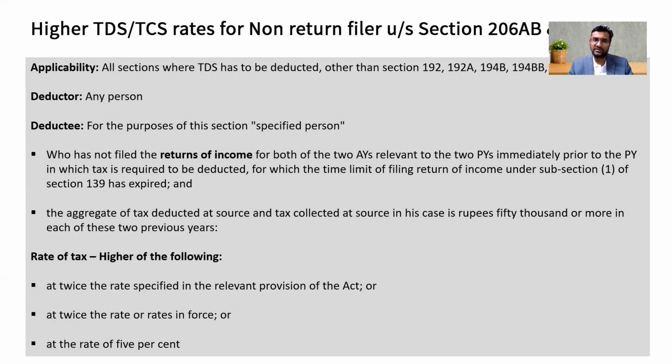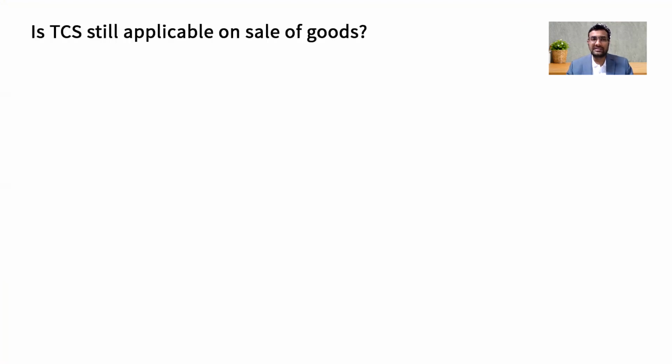Yeah. So we have already discussed this. Yes. So is TCS still applicable on sale of goods, right? So we were discussing the interplay between 194Q and 206C(1H). When I discuss TCS, what is TCS? TCS is when the seller has to collect tax from you at source.